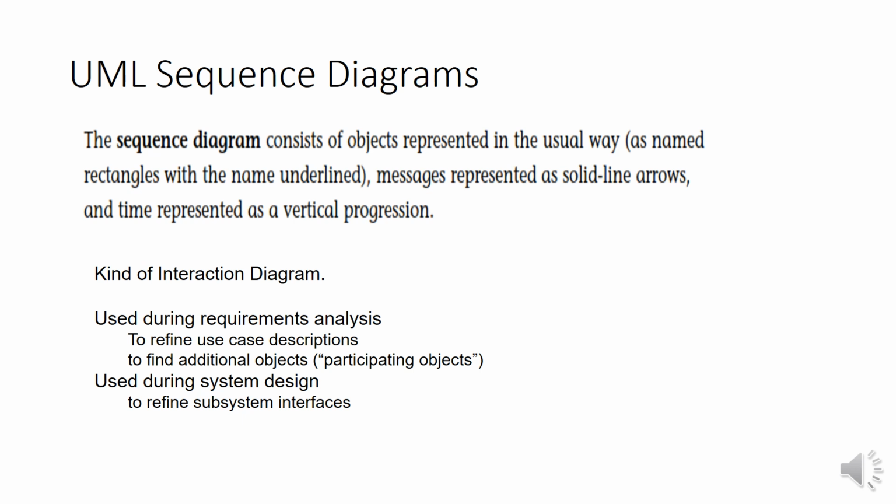There are two types of interaction diagrams: sequence diagram and communication diagram. These two types of diagrams represent the same information, but sequence diagram emphasizes time.